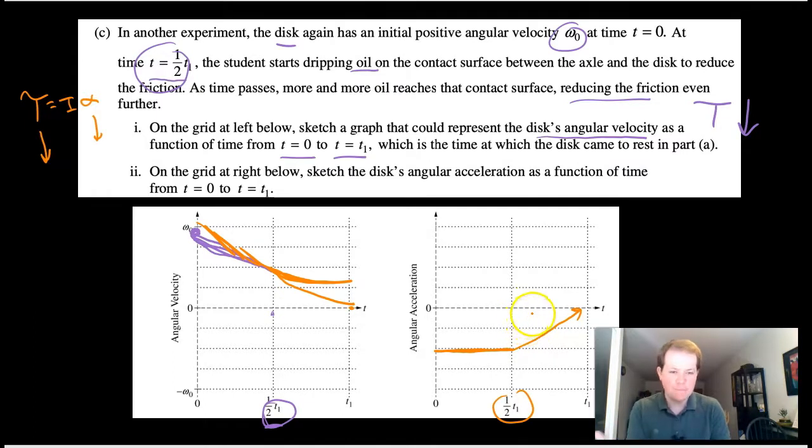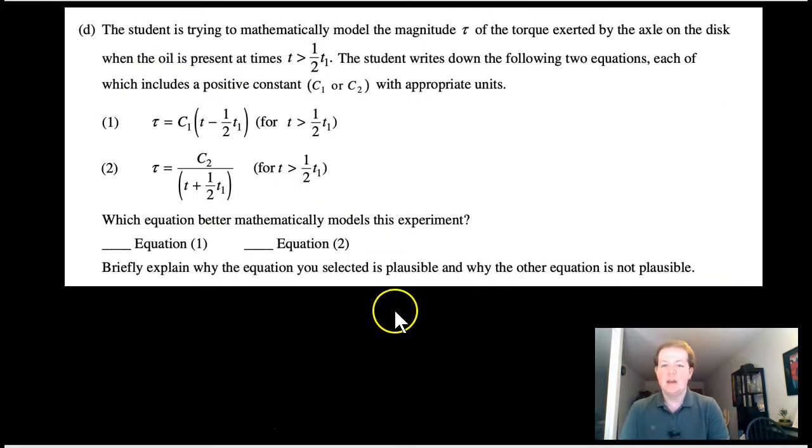Maybe they'll give a point for something like this, at least if it's close. But let's keep going. If I have time, maybe I'll come back to that. I definitely know that this acceleration should go towards zero. I'm just not sure if it's like this, or maybe it's like this, or maybe it's like this. Maybe they'll assign points to that, but I'm not sure yet. Let's keep on going. Okay, D.